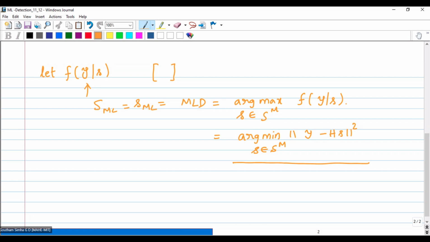And you have to observe one more thing here, that is S power M. This is the M-dimensional Cartesian product of S. That's all. So I hope I have given you the idea. If the a priori probability of s is available, then this maximum likelihood detection can be formulated, which is based on CSIT or CSIR.